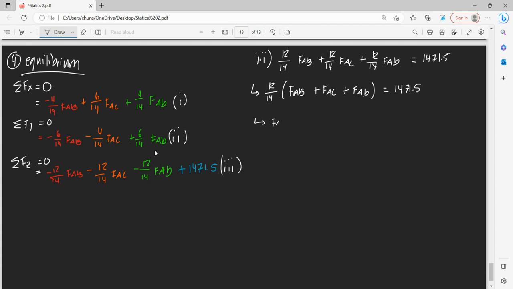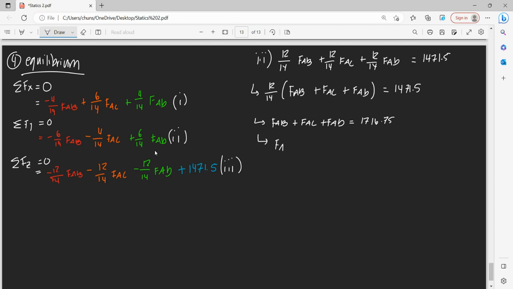So then FAB plus FAC plus FAD is equal to 1716.75, and isolate for whichever one you'd like.